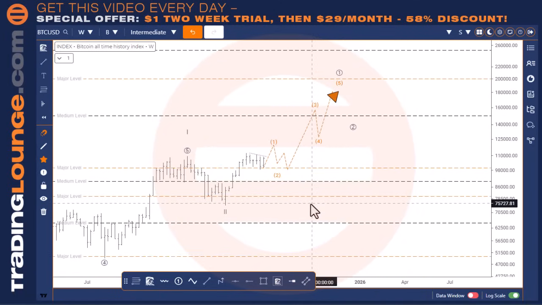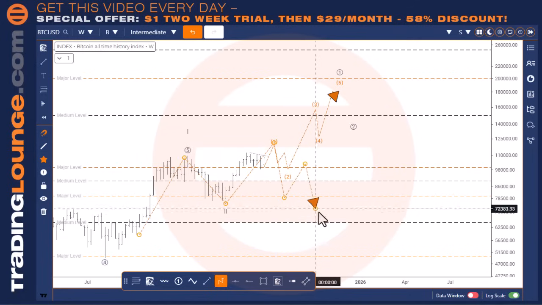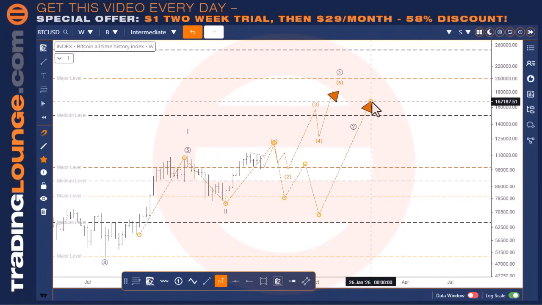The other side to this, if this was completely wrong, then what I would see here would be that this would be the arrival, this would be the reaction, this would be the first high above the level, and we would have a larger correction here, and then we would go up here.